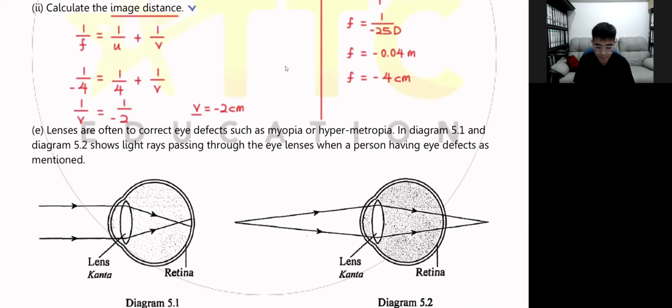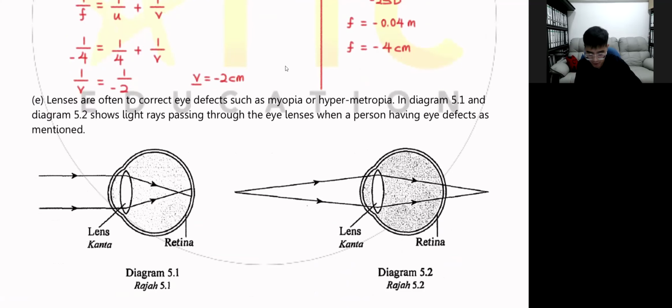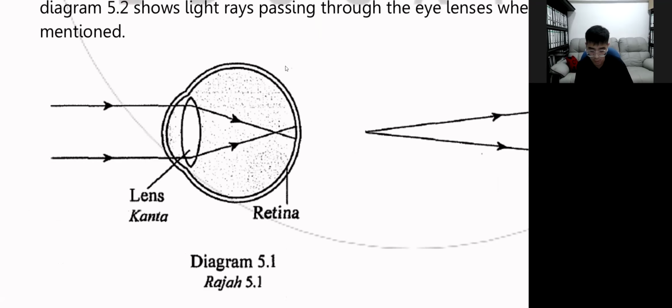Do you guys still remember, for short-sightedness people, what type of lens should they be wearing? This one, in diagram 5.1. They should be wearing a concave lens. Do you still remember why concave lens? Can you see in the diagram, a person that has short-sightedness, just like me, because I'm wearing short-sightedness glasses.